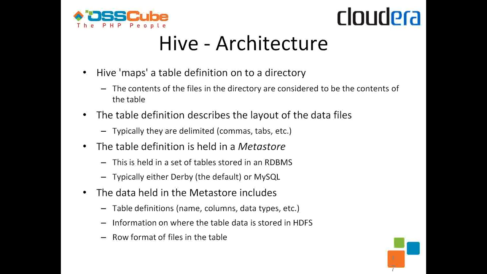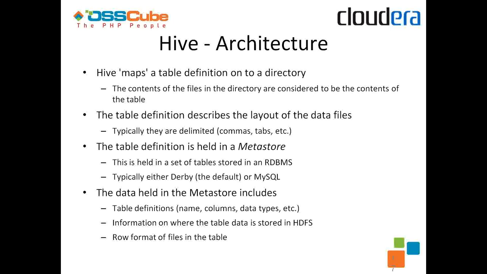The table basically describes the layout of the files, how the file is formatted. Everything that sits in Hadoop is in the form of a file, and so you need to tell Hive how that file is formatted.